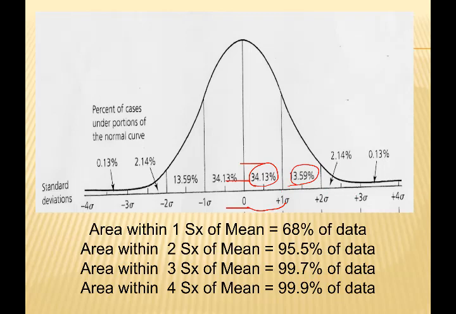Then another standard deviation out would add 2.14, and the last possible calculation, out to 4 standard deviations, would add the remaining 0.13%. All of these percents would be 50% on one side, 50% on the other side, to make it 100%.